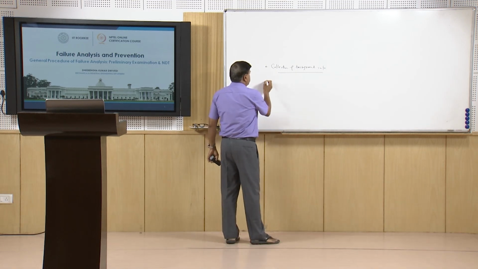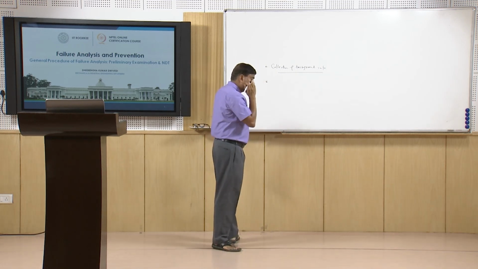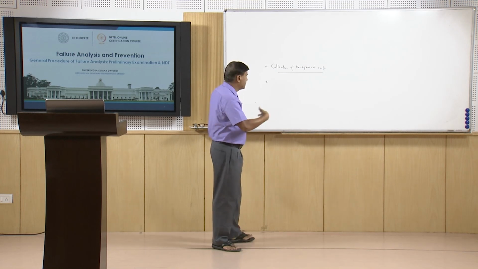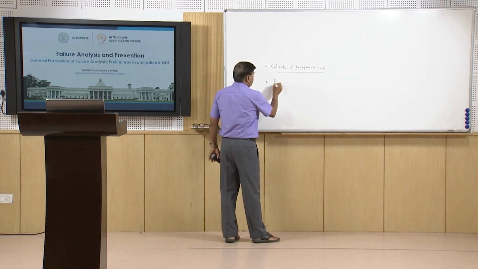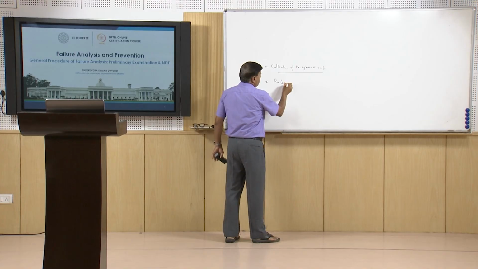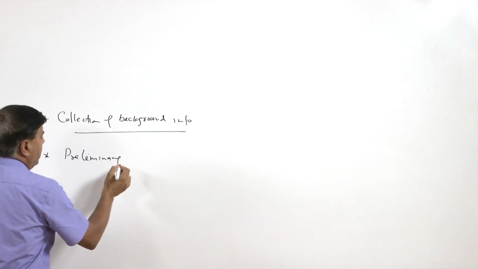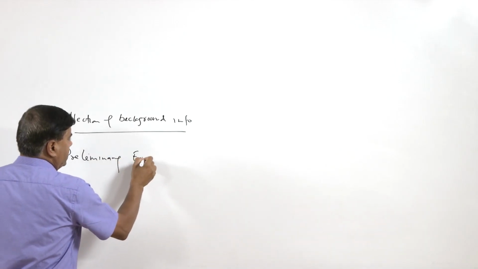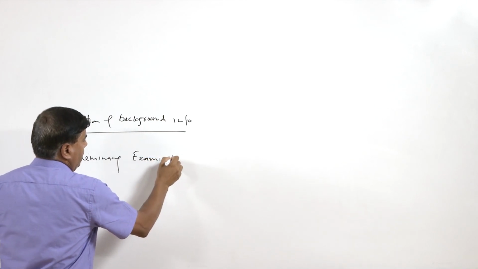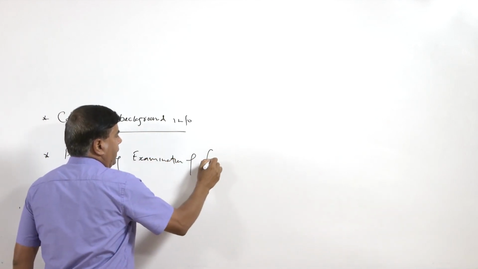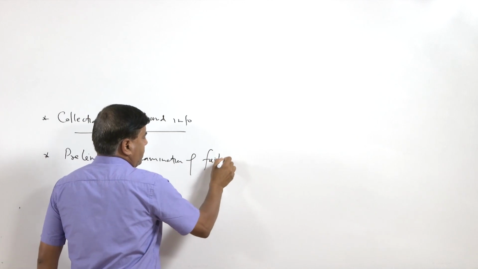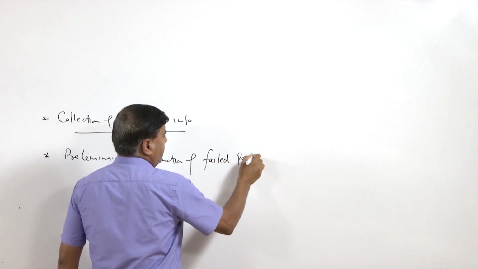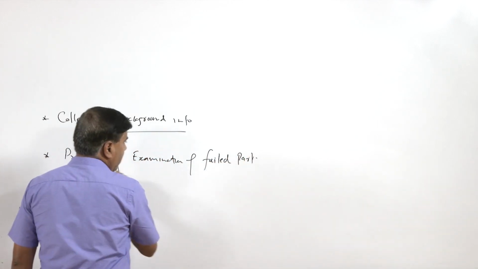In connection with the general procedure for the failure analysis, the second point is about the preliminary examination of the failed part.